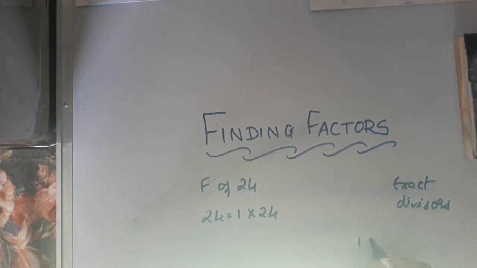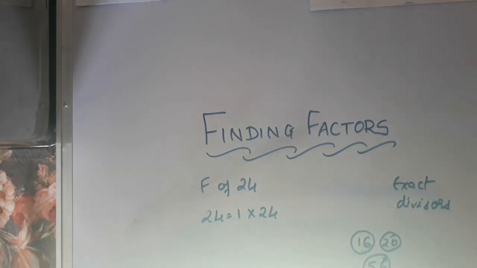If I ask find the factors of 16, or find the factors of 20, or find the factors of 56, then 16 will be divisible by 1 and 16, 20 will be divisible by 1 and 20, 56 will be divisible by 1 and 56. That is 1 and the number itself. They are always the factors of a given number. So you can always start with 1.